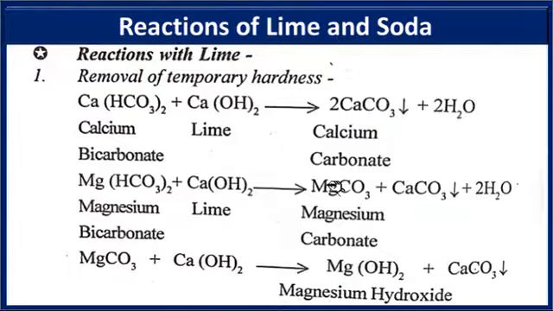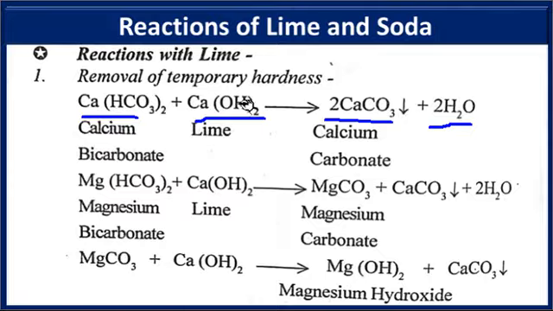Looking at the reaction, when we add lime, the lime reacts with calcium bicarbonate and forms 2 moles of calcium carbonate and water. So in this reaction we can see that 1 mole of lime is required to remove the calcium bicarbonate. How can we say that it removes the calcium bicarbonate?